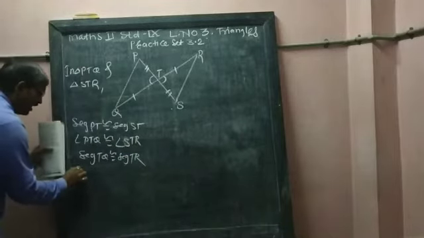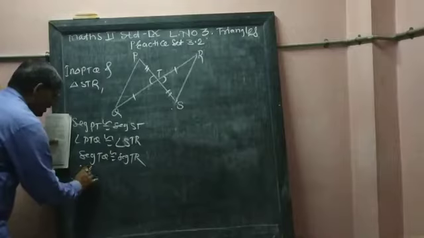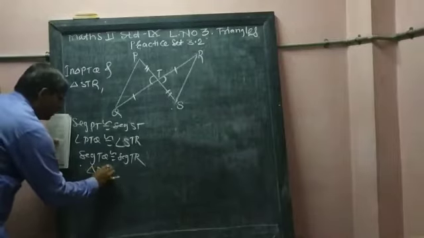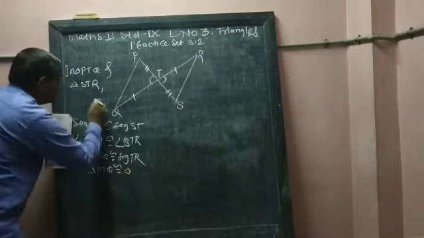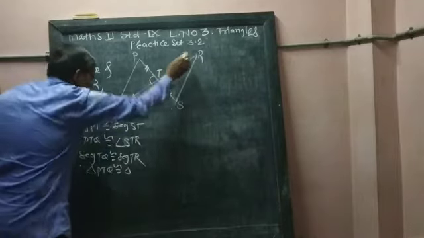Therefore, three conditions are sufficient to prove the triangles congruent: triangle PTQ is congruent to triangle STR.